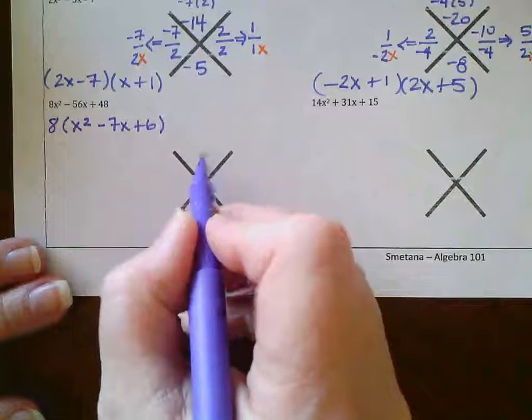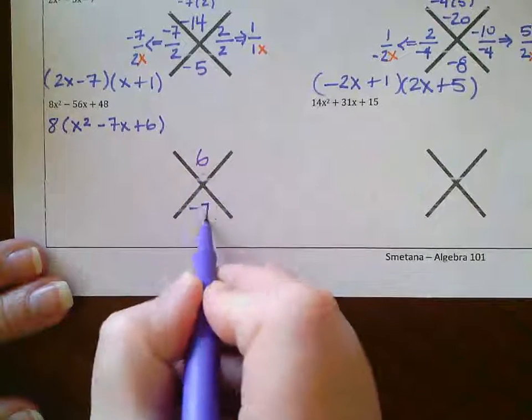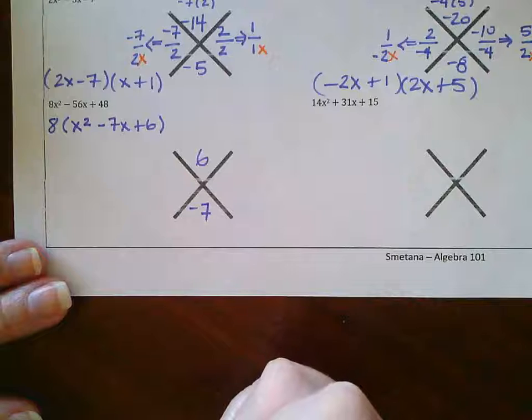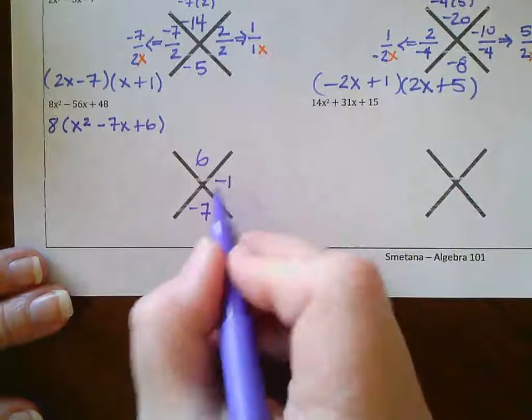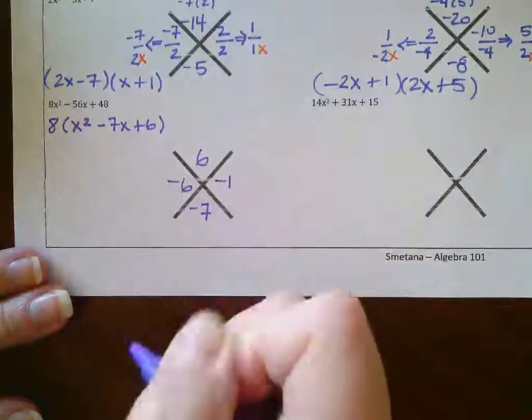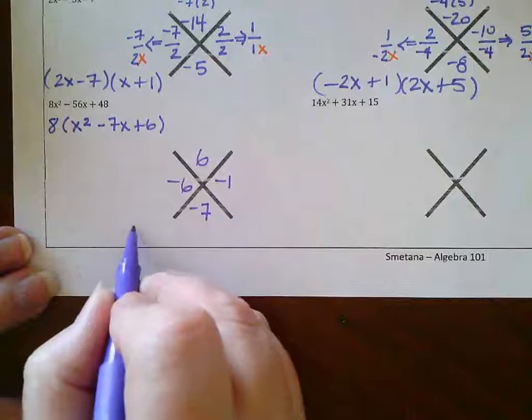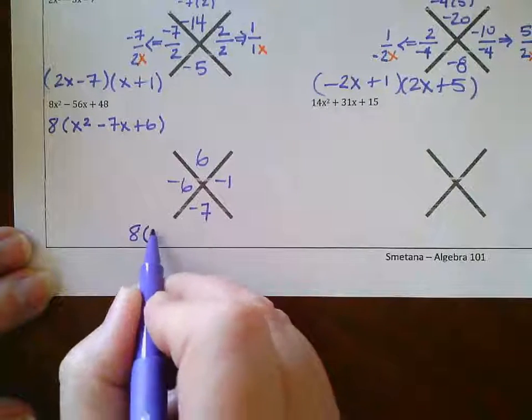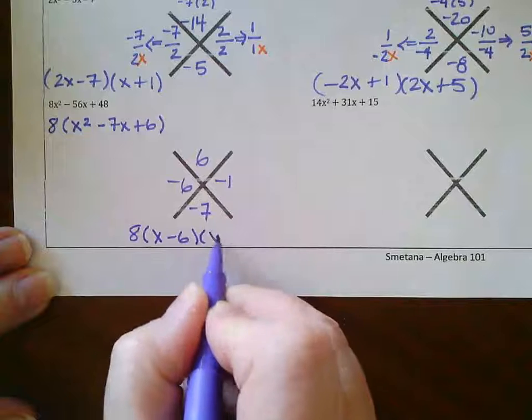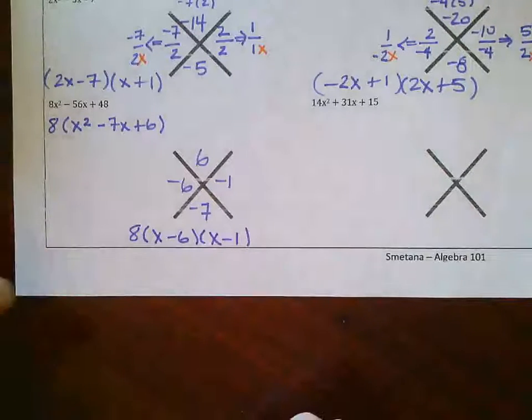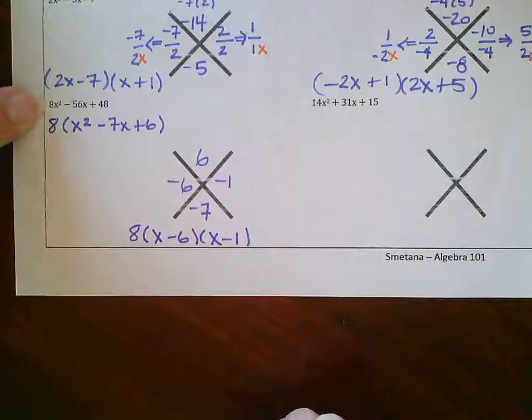So you have 6, -7. Two numbers that multiply for that are -1, -6, and you get 8 times x minus 6, x minus 1. So don't be fooled just because you might have something in front here. Don't forget you can use the greatest common factor and pull that number out of there.